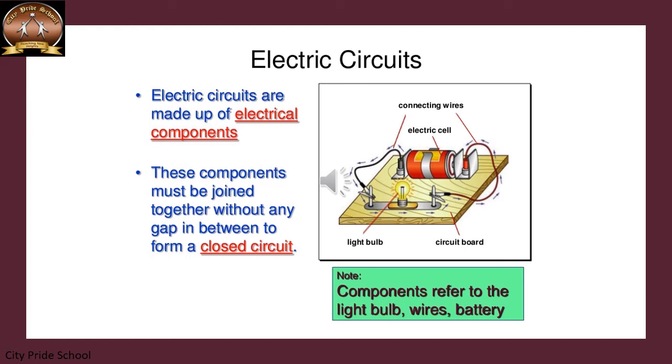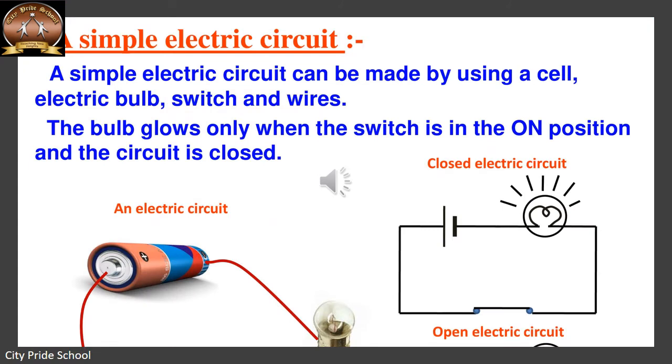Had there been any cut in the wire, or if for any reason this circuit is not complete, then the bulb will not glow. We'll be discussing the open circuit. Now a simple circuit can be made by using an electric bulb, switch, wires and a cell.